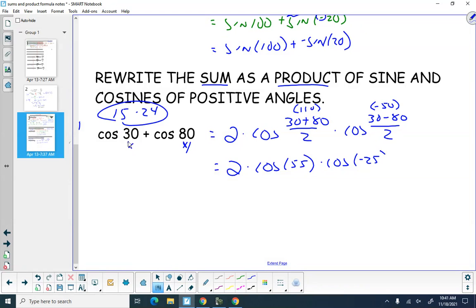But once again, I want these at positive angles. Well, if I have the cosine of negative 25, this is an even function. What we were able to do with the cosine is get out our eraser postulate, and we can just drop our negative sign.